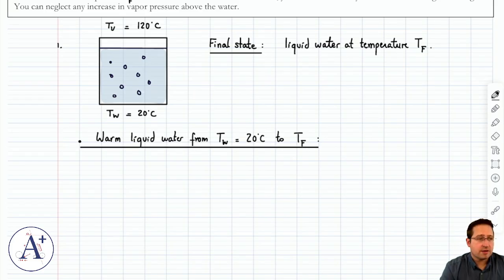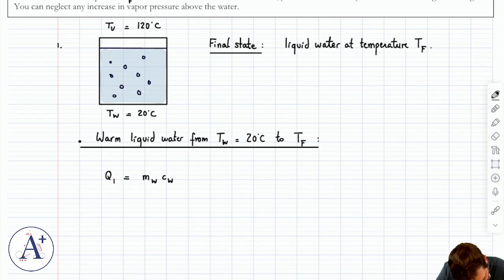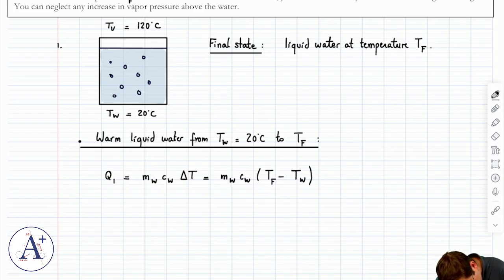Now that is going to require an amount of heat, Q1, equal to, well, it's just m c delta T, right? We're just warming, no phase change. So it's mass of water, specific heat of water, times delta T. That's going to be mass of water, specific heat of water, delta T is T final minus T water, which is known.